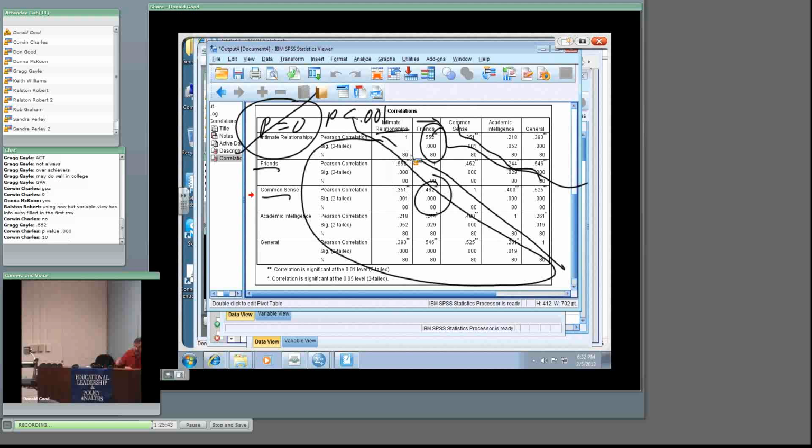Do you see anything that's not a significant correlation? Academic intelligence and input relation is not significant because this number is not less than 0.05. Okay, so I've got 10 correlations.